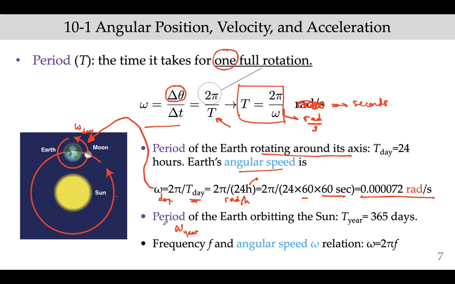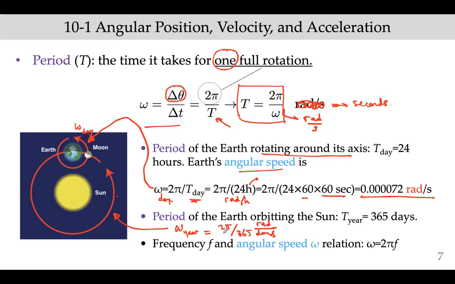There's also this angular speed related to the year, related to the orbital motion of the Earth around the Sun. You can calculate it in the same way. So it will be 2 pi divided by 365 days. Again, you can leave it as is. You can call this radians per day. But if you want to convert it to SI units, then you have to convert years into seconds.